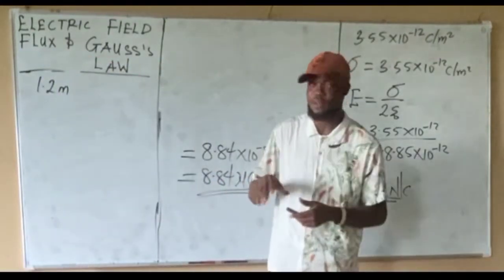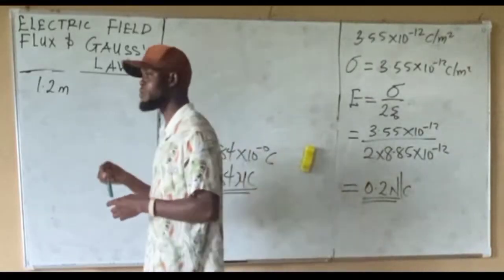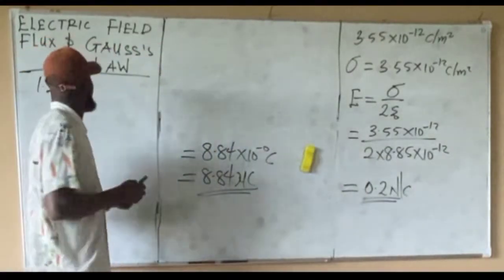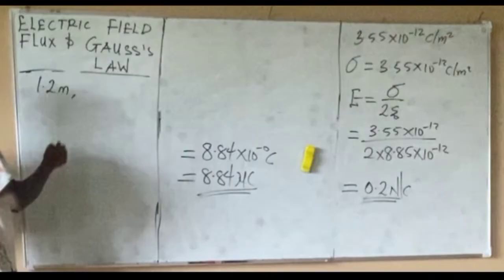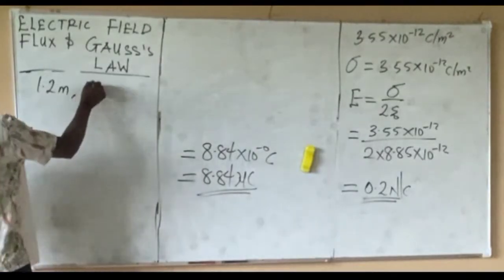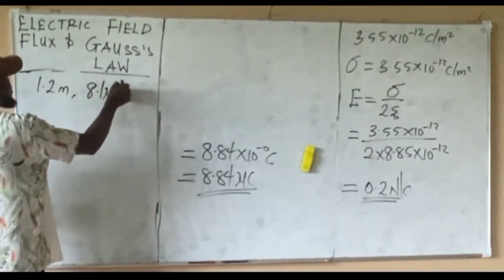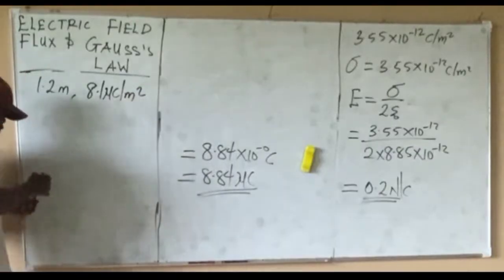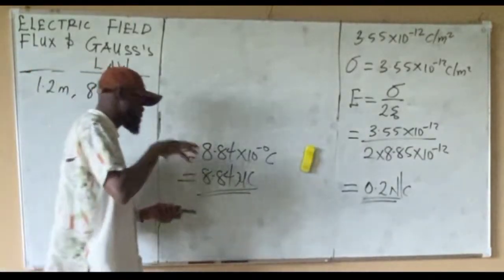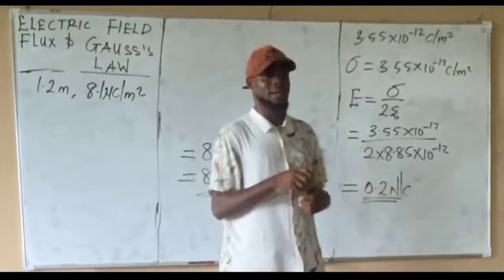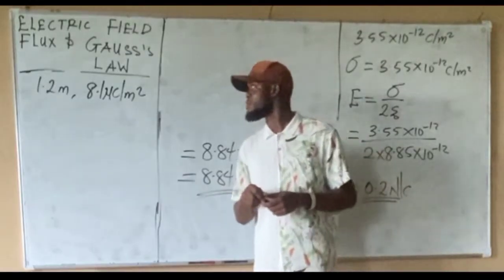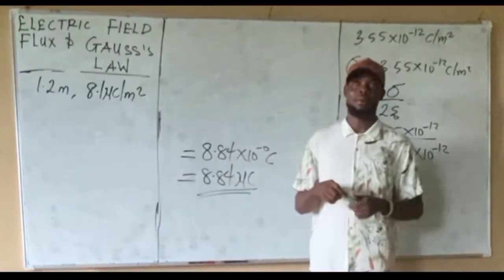That is the diameter of the sphere, take note of that. It holds a surface charge density of 8.1 microcoulomb per meter square.